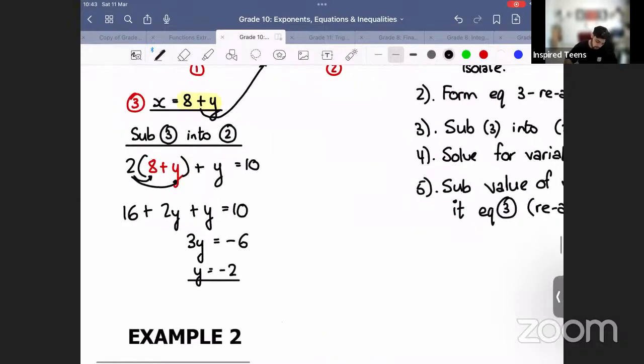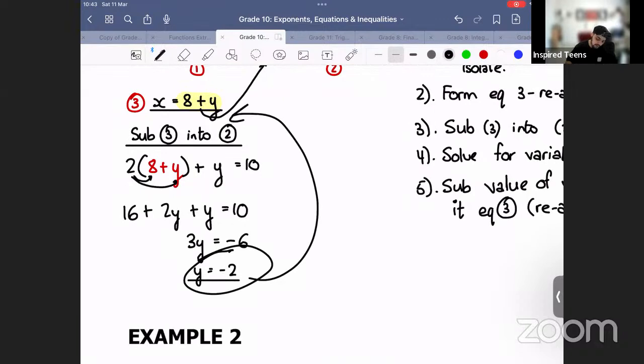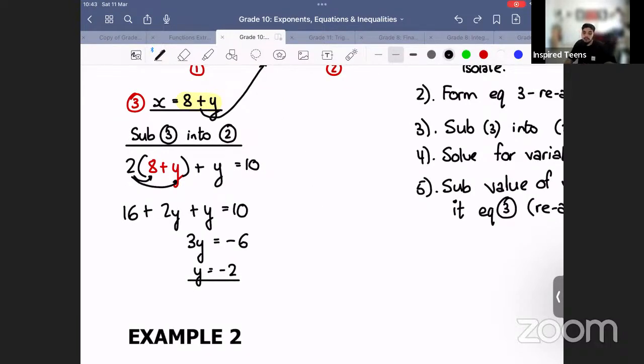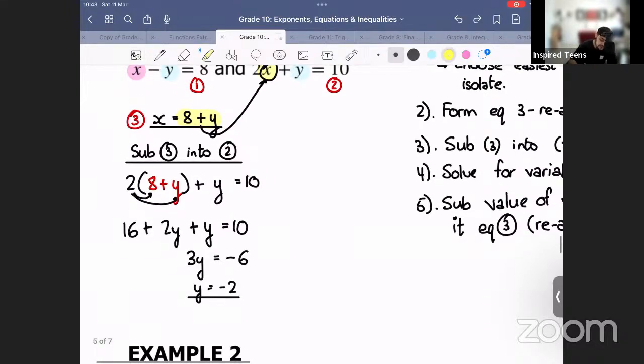Okay, so I'm going to take y and sub it into the rearranged equation. It's not compulsory to use the rearranged equation number 3, but why am I specifically telling you to do it? It's because it's simpler, x is already alone. So when you sub in y, you're going to straightforwardly get a value for x.